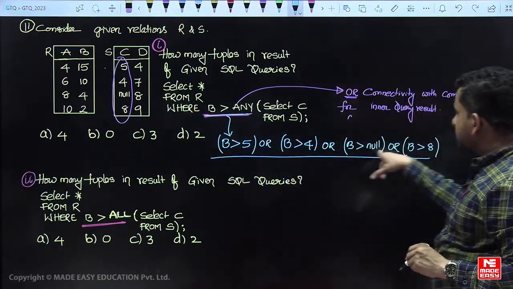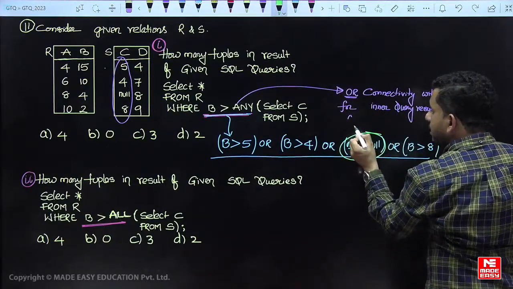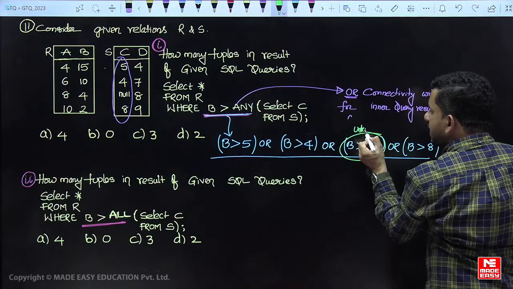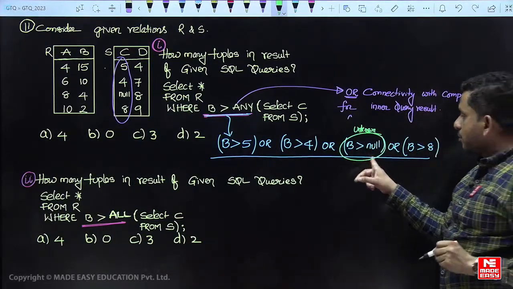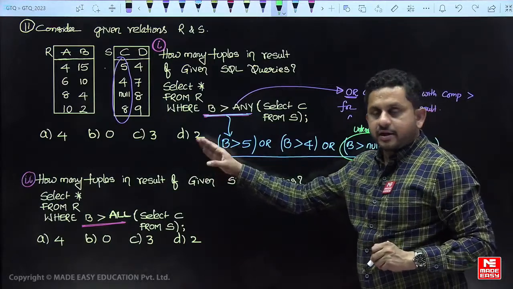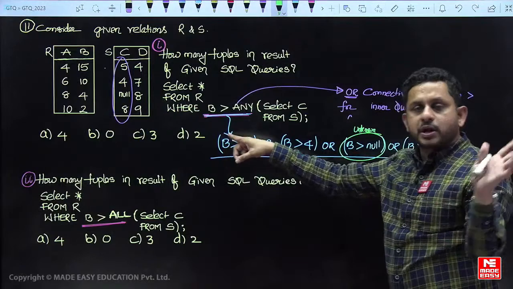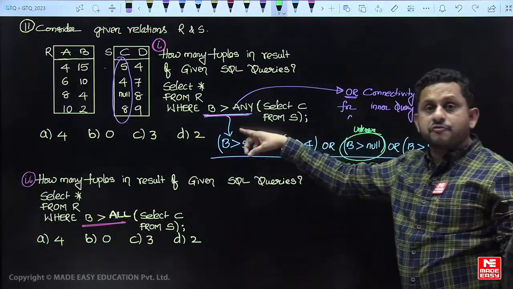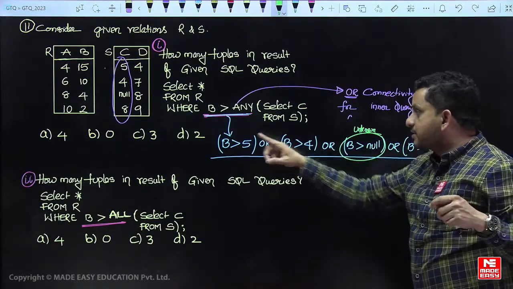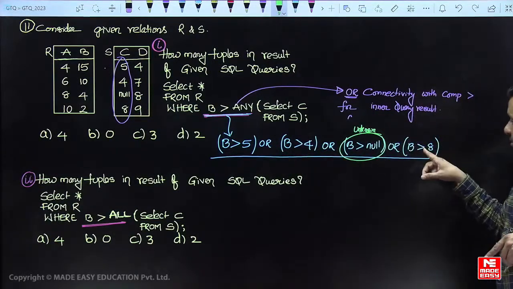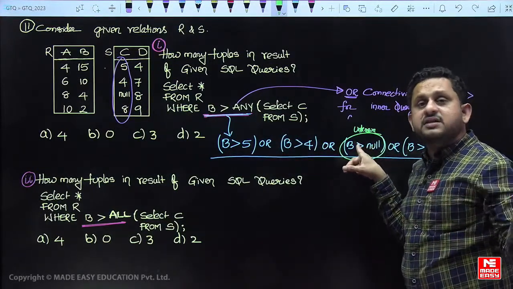Even though comparison with null is unknown, it will not create any problem because of OR connectivity. If one of the other comparisons is true, the overall result is true. If no other comparison is true, assume B greater than 5 is false, B greater than 4 is false, and B greater than 8 is false, then with the unknown the result is unknown.